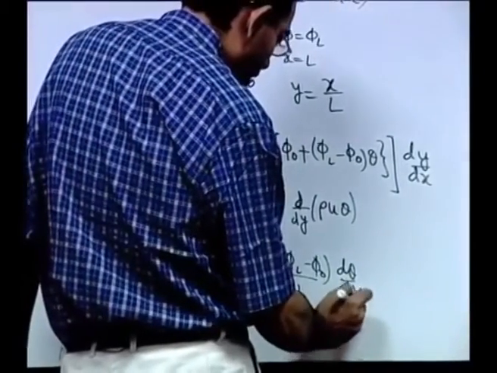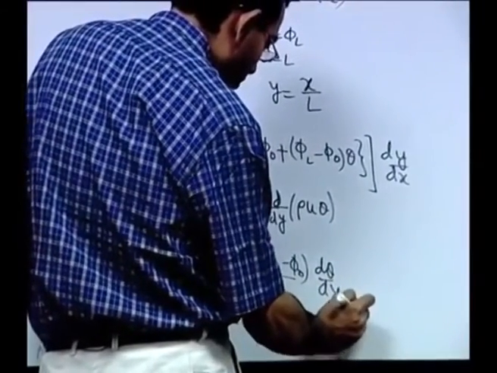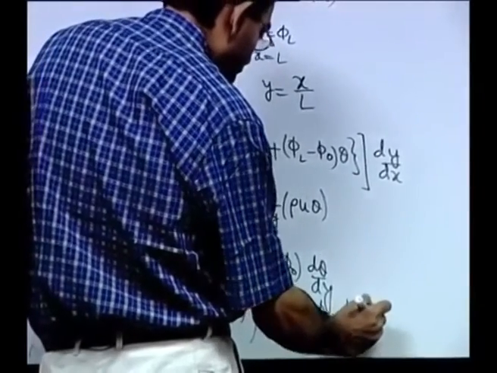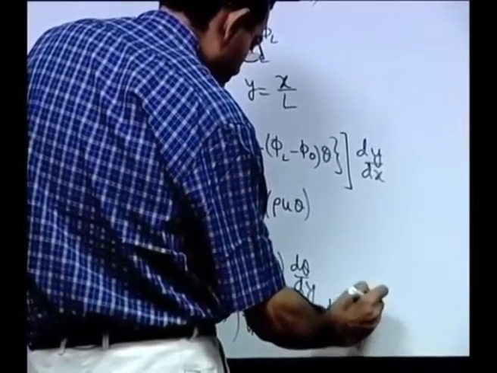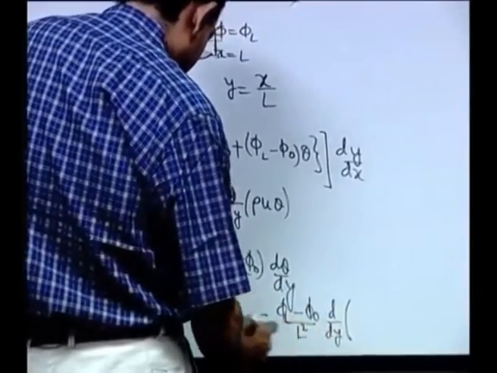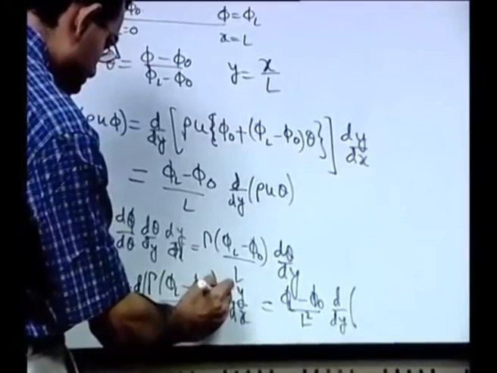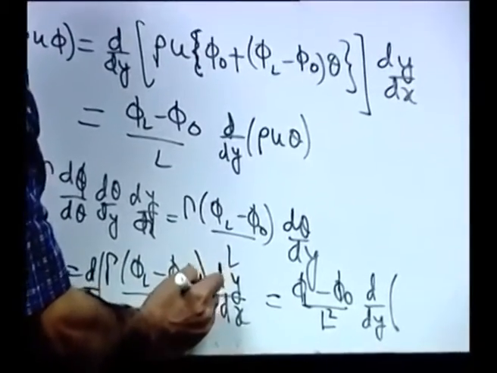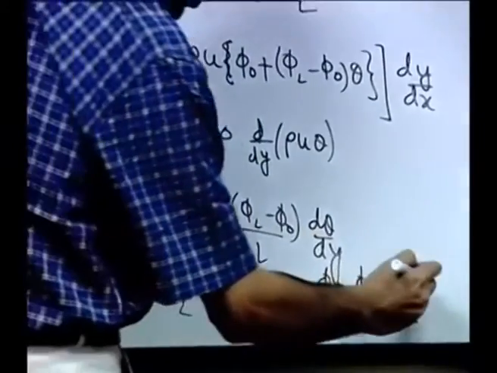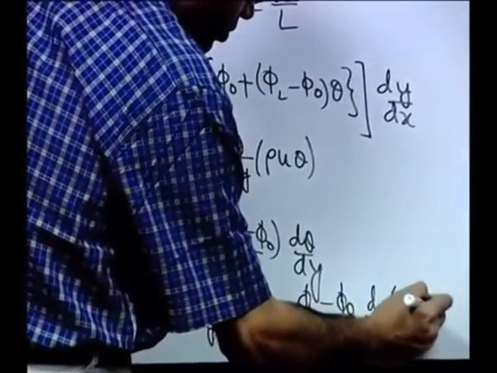So, this is (phi L minus phi 0) by L into d/dy of, there is another L. So, there is one d theta/dy inside, d/dy of gamma d theta/dy.